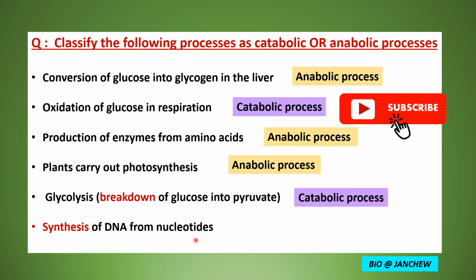What are nucleotides? Nucleotides, as we have studied from chapter 4, are the basic units that are used to build up the DNA and the RNA. So nucleotides are the basic units, and they are used to make the more complex substance. So they build up, right? They're used to build up DNA. So therefore, this process is a process of anabolism.